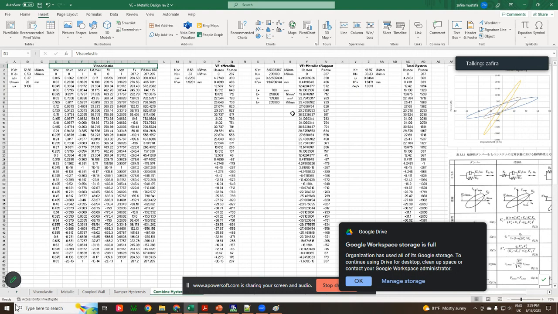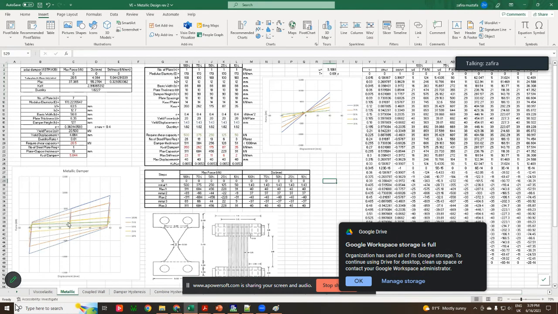Okay, I understand. So this stiffness should be two: one is elastic, another one is plastic. So it's not so simple. Yes, it's not simple. So when we combine metallic, it should be combined like this and like this. But since this one is not constant, it's inclined.